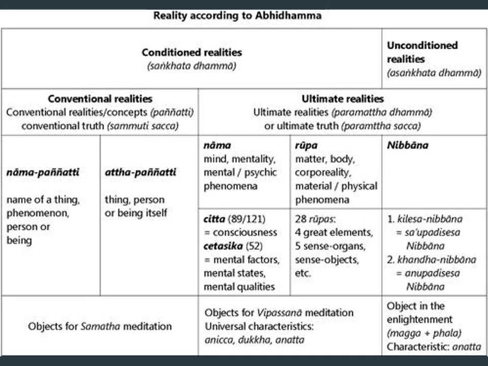Then 14 are unwholesome, such as delusion, greed, hatred, sloth and torpor, and doubt. Sloth and torpor, basically laziness and idleness. So again, since we have unwholesome consciousness, we must also have unwholesome mental states.